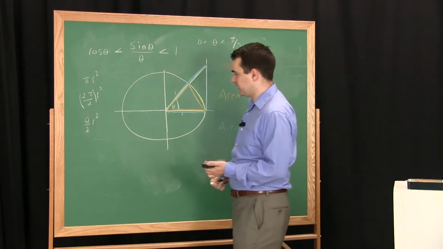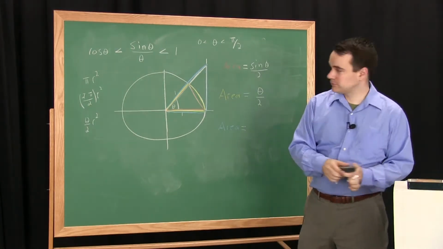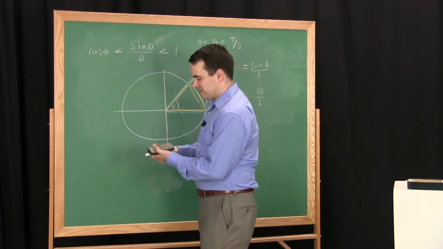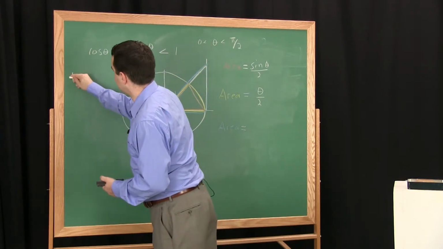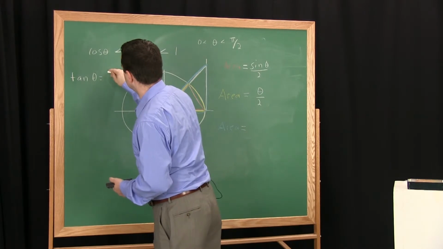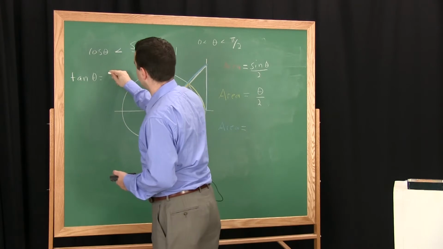Well, given angle theta, let me remember. I was looking for my eraser. It's right here in my hand. So let me remember that tangent of theta is equal to what? The opposite side divided by the adjacent side.